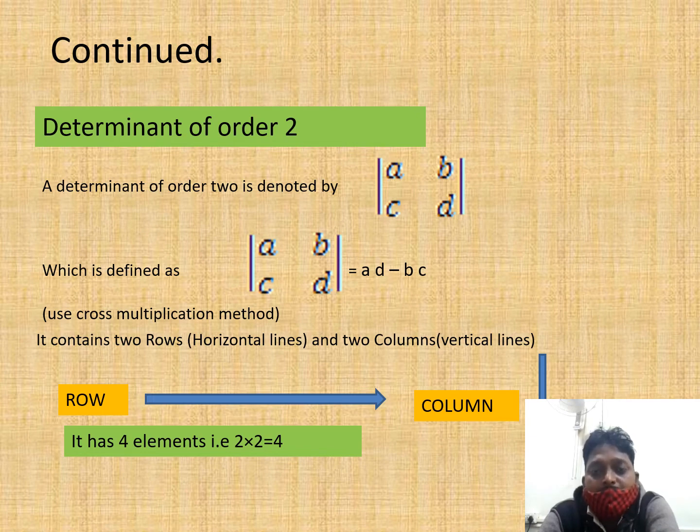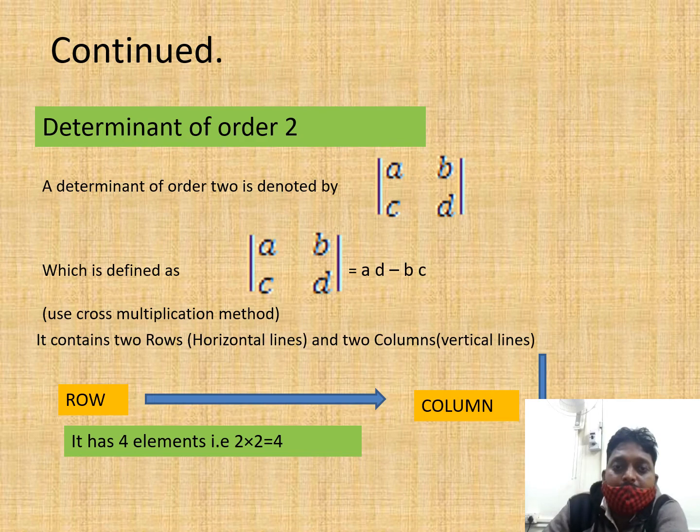Here the determinant of those four elements A B C D, just use line bar symbol that symbolizes determinant, and the formula is A into D minus B into C. AB taking first row position, CD taking second row, AC is the first column, BD is the second column.